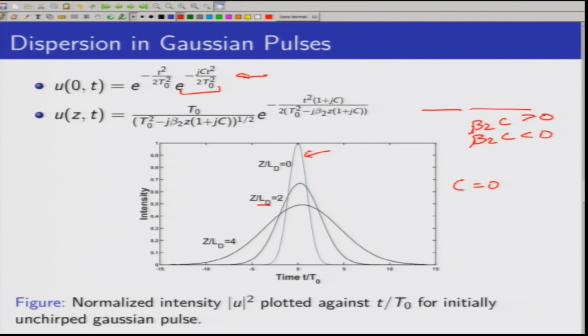However, if beta 2 c is less than 0, then the dispersion induced chirp and the initial chirp that we are providing the pulse will counteract, and so we will initially see some sort of compression, and then the net chirp becomes 0, and then again it starts monotonically increasing. So, for the initially chirped pulse, counteracting with the beta 2 leads to compression to a certain distance, and then it starts again monotonically increasing.